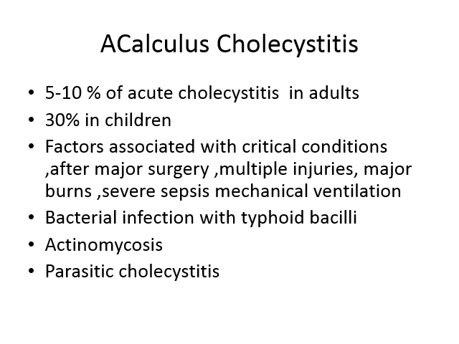The term acalculous cholecystitis is sometimes important to remember, in terms of what's meant and how common it is. 5 to 10% of acute cholecystitis in adults is usually acalculous, and 30% in children. Factors associated with critical conditions include major surgery, multiple injuries, severe sepsis, or mechanical ventilation.